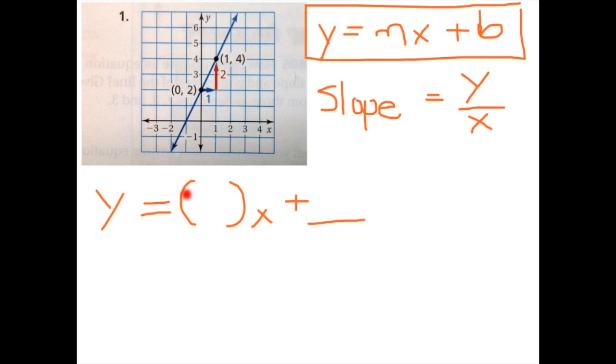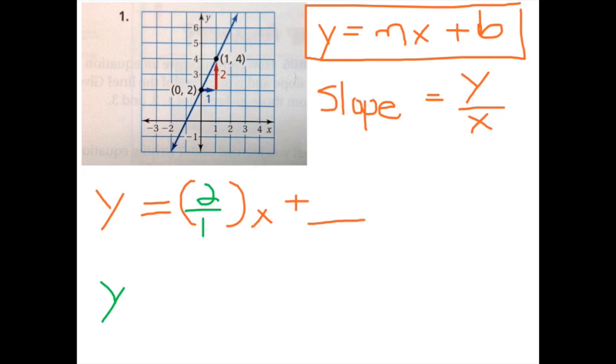We will place that right here. So y is 2 and x is 1. This is actually just 2, okay, 2x, and we can start to write our equation out.